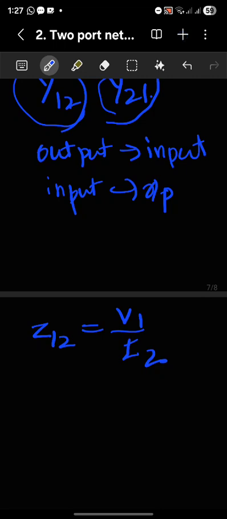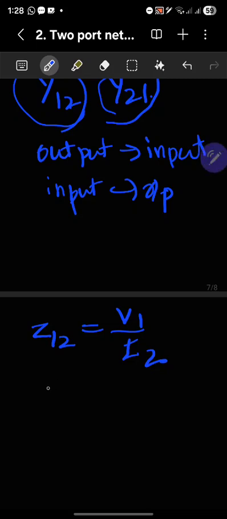Sorry, I used the term inverse; the correct term is reverse transfer. So Z12 is called reverse transfer impedance. Similarly, Z21 is called forward transfer impedance, simply transfer impedance or forward. The more accurate term is forward transfer impedance.